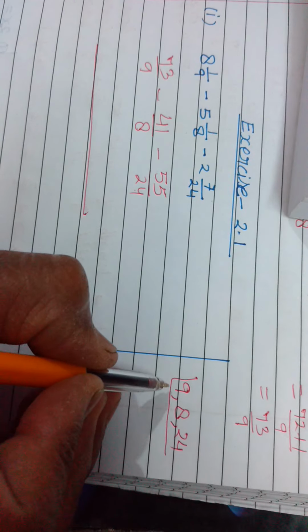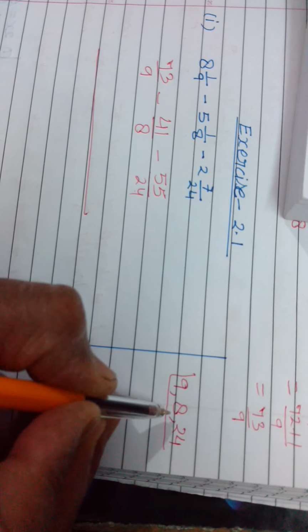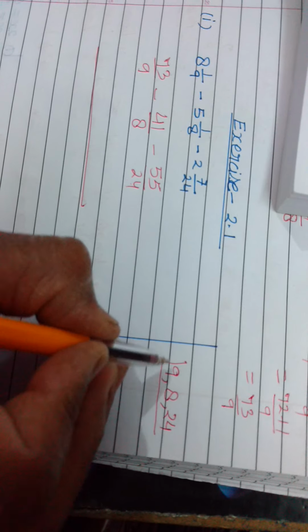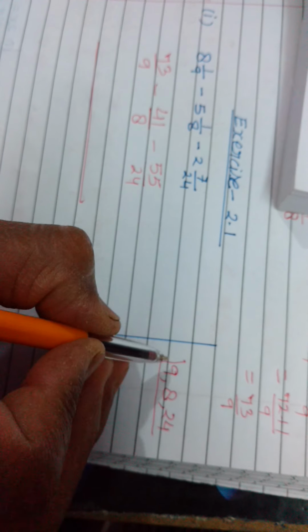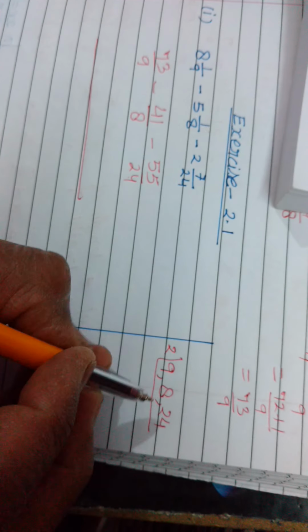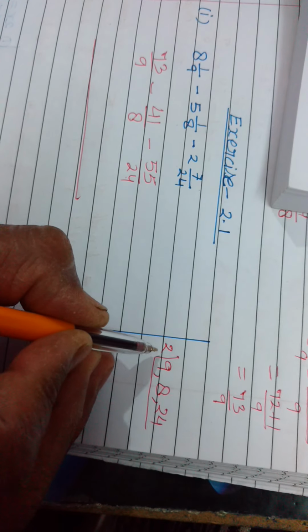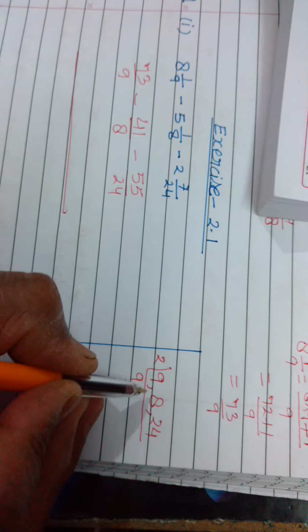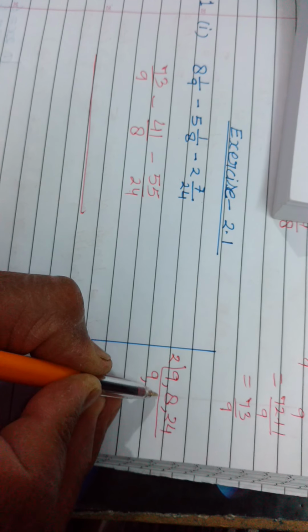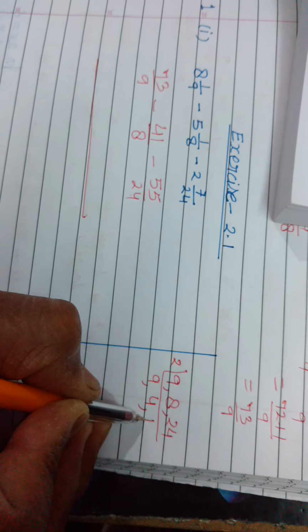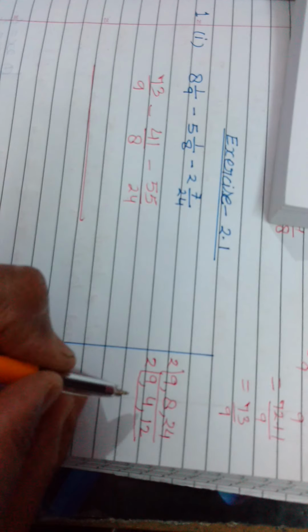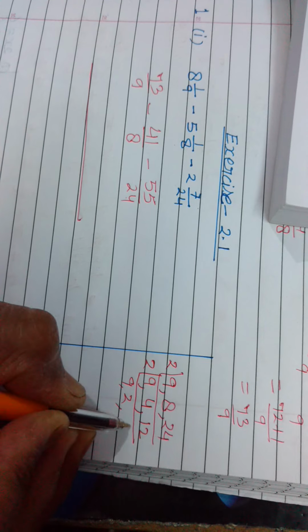After changing into improper fractions, we take the LCM of these denominators. You know how to find out the LCM of the denominators. We find it this way. We start with the least prime; as it is an even number, it will go by 2. So first I will divide this number by 2. This 9 is not going by 2, so I will copy it down as it is. And this, if you divide, will come 4. 2 4s are 8, and this will come here 12. Further it is going by 2: 9, 2 2s are 4, 2 6s are 12.